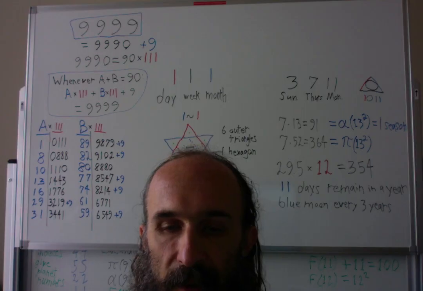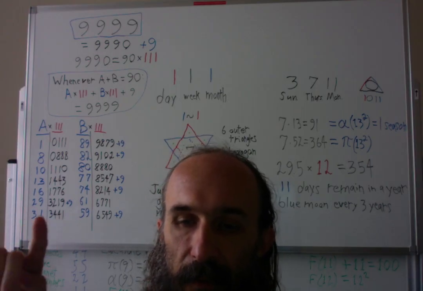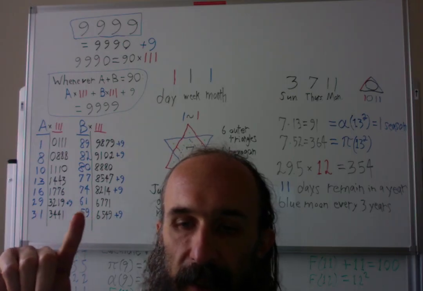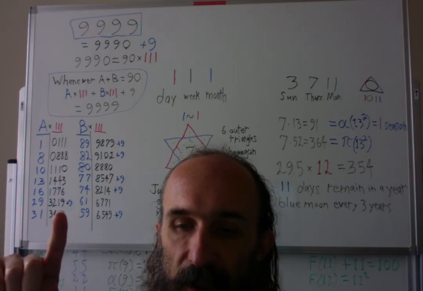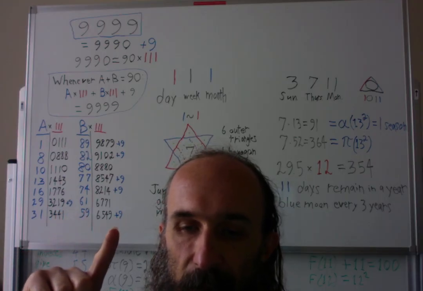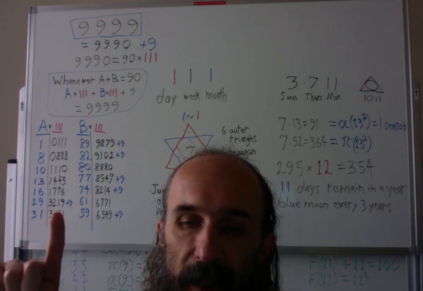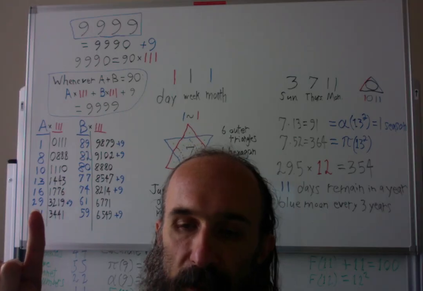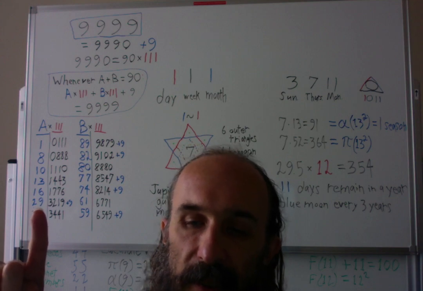You might have noticed that only in this row down here where we have 29 and 61, that's the only case where I added 9 on this column instead of the other column. And I'll tell you the very simple rule I use here is that I look at this 29 and I take the digital sum. That 2 and 9 add up to 11, which is 2 digits.